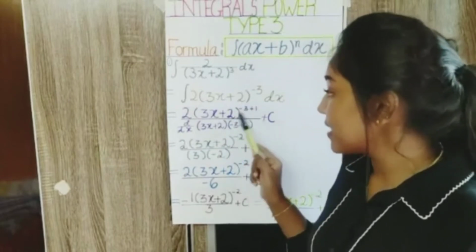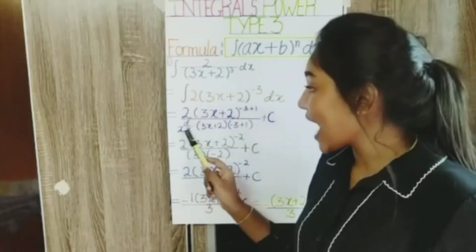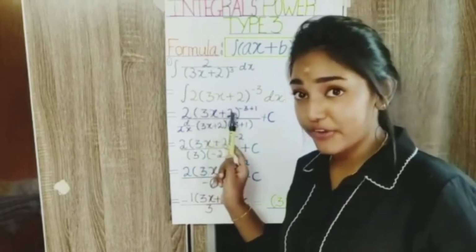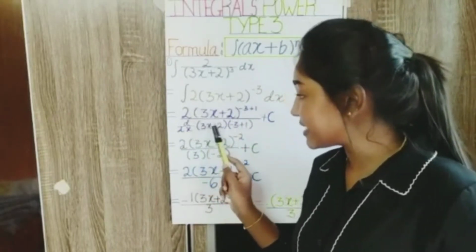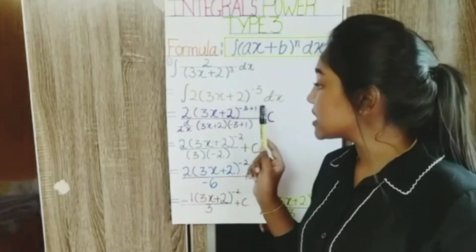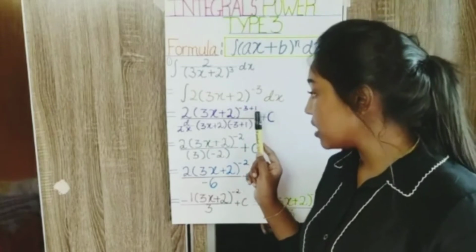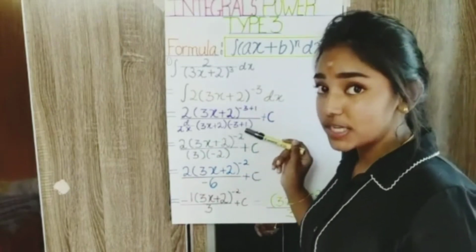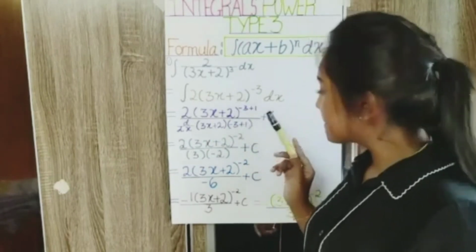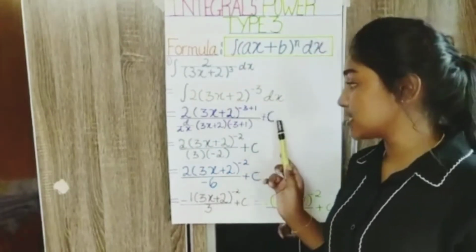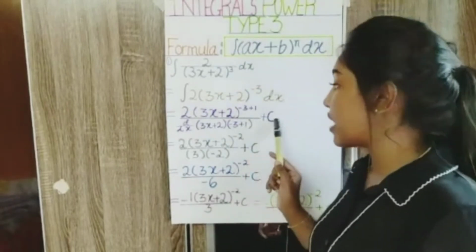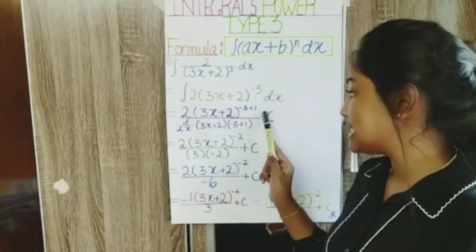Okay, and over here we have to differentiate the equation which is inside of this bracket. Okay, we have to differentiate it and on the other side we have to repeat this thing, which is base number plus 1. We have to repeat this to the downside, which means negative 3 plus 1, plus c. This c is very important because this is the symbol of integrals. Right, we have to repeat this c.